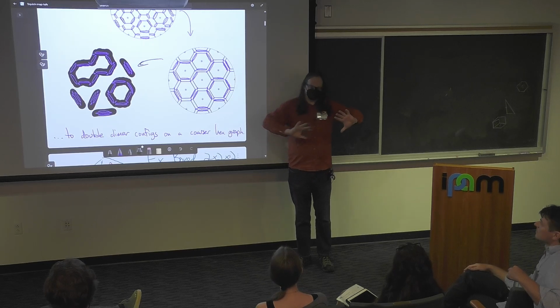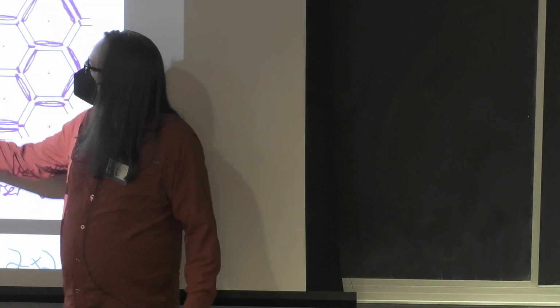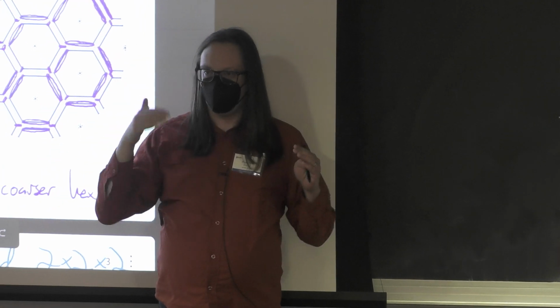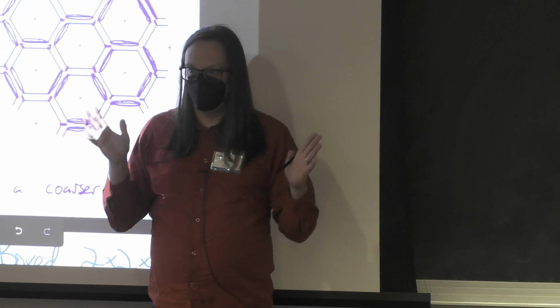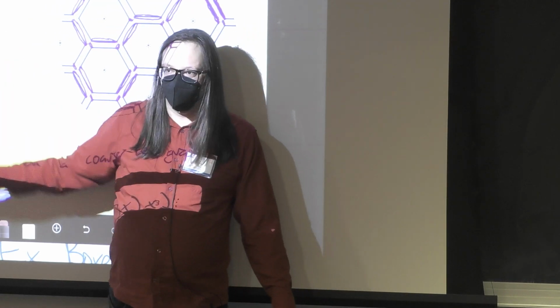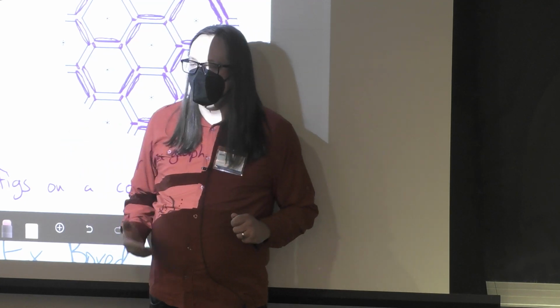I finished my PhD thesis another way, but since that time the question remains: if you start with a known probability measure on single dimer configurations, on perfect matchings, what sort of measure on double dimer configurations are you going to get after you push it through this squish map?